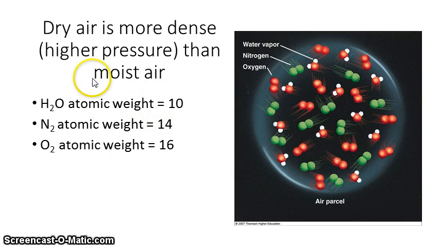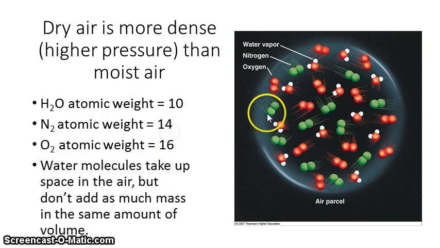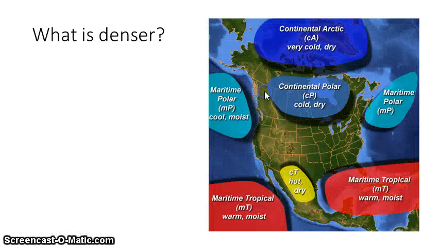If we're able to take out a lot of the H2O, we can fit more nitrogen and oxygen into the same amount of space, and that column of air will be denser or heavier, because there will be more mass in the same amount of volume. So by adding water molecules, they take up space, but they don't add as much mass to that same amount of volume. So that's why dry air is going to be denser than moist air.